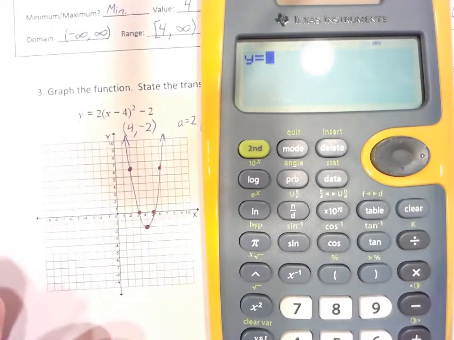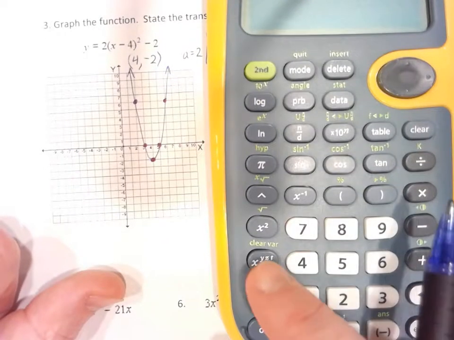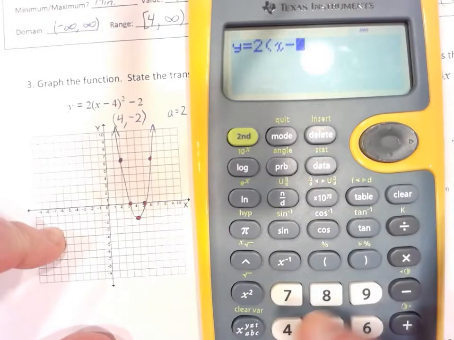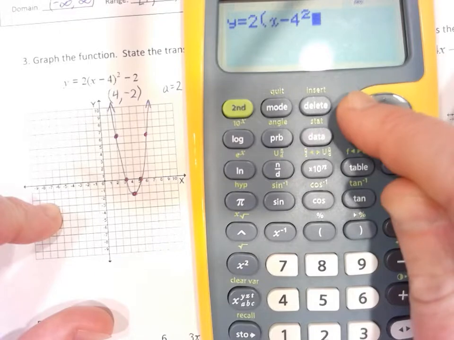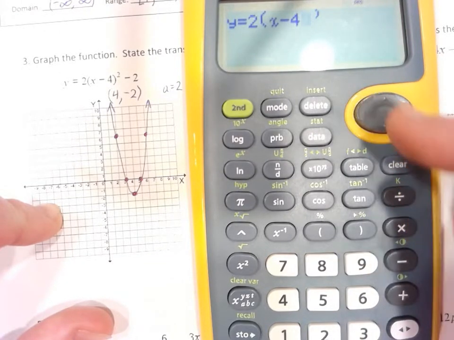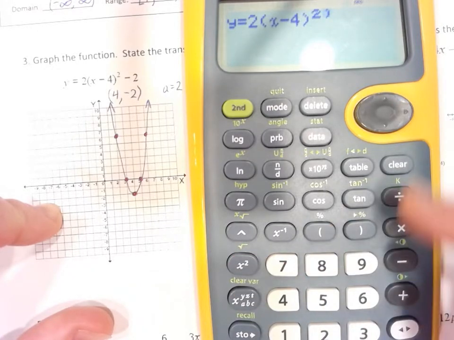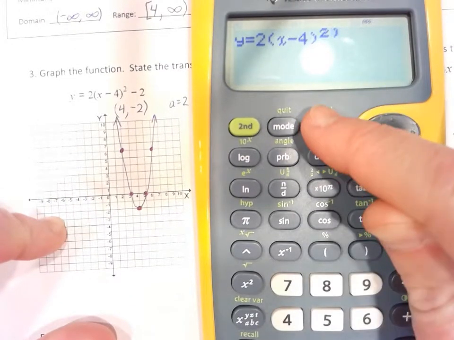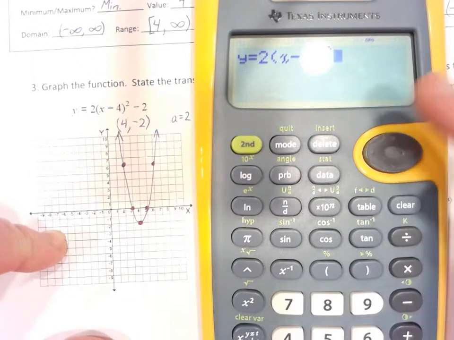So 2 parenthesis x minus 4 and squared, oops, not yet, gotta use the arrows to go back and put my parenthesis in there. Parenthesis, then comes my squared. And I want to delete that accidental one, and now when I press the arrow over, it gets back so I can enter my minus 2.